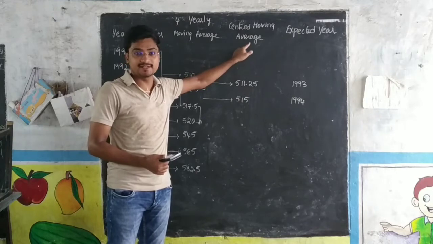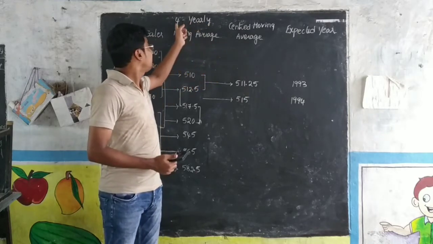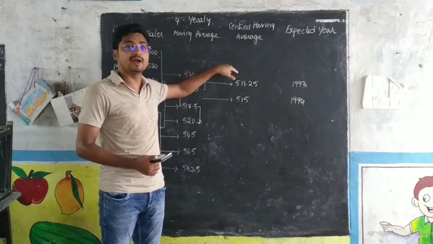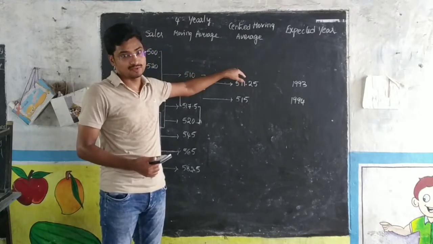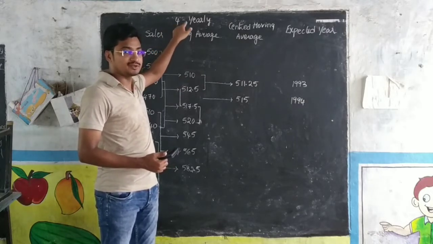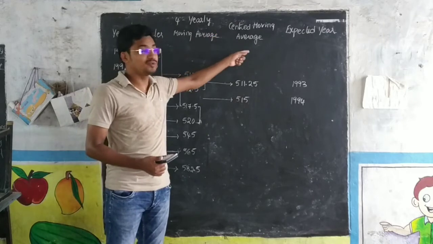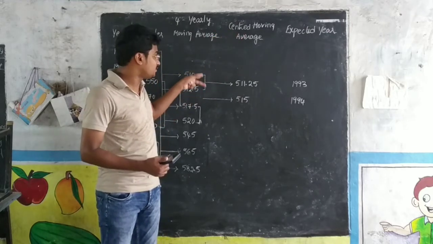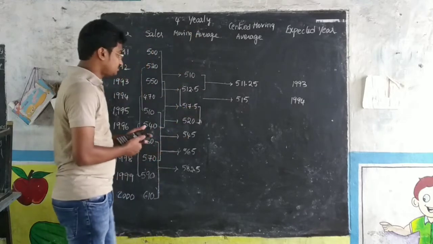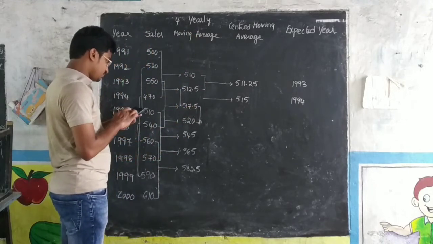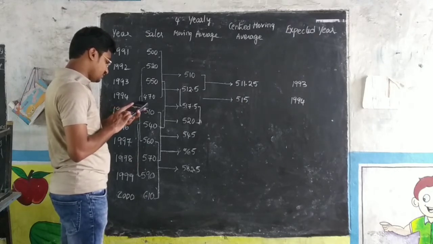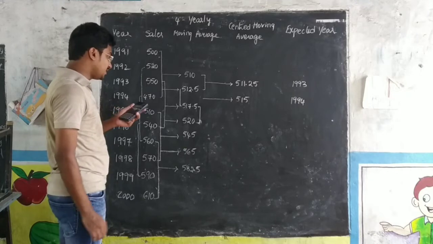Here the even number is different, 4 yearly, 6 yearly, 8, 10, 12 and so on, but the centered moving average is only the average of 2 values. Next, 517.5 plus 520 divided by 2 is 518.75.